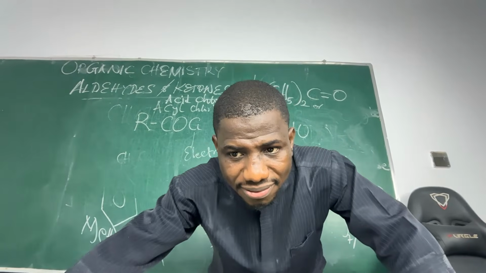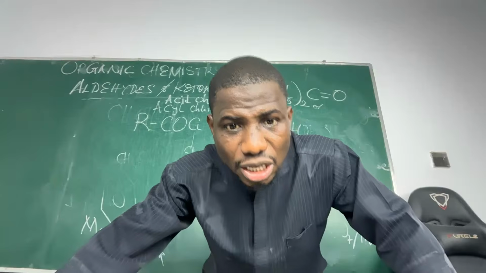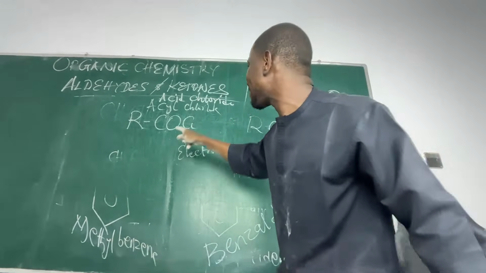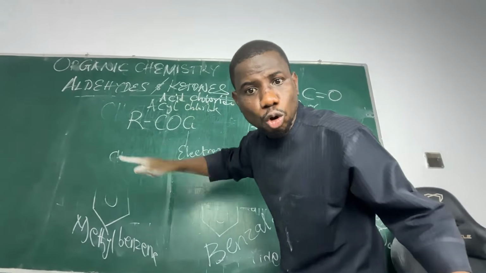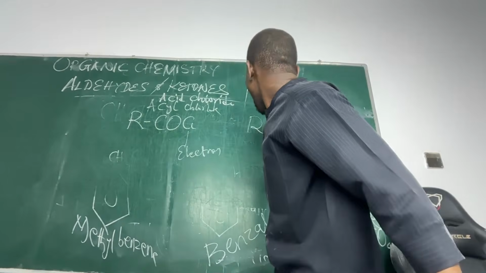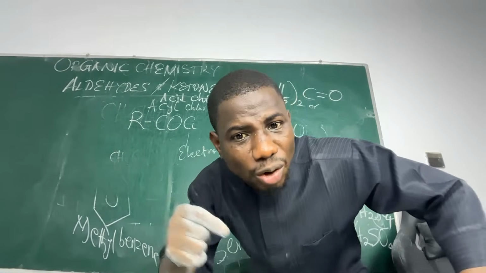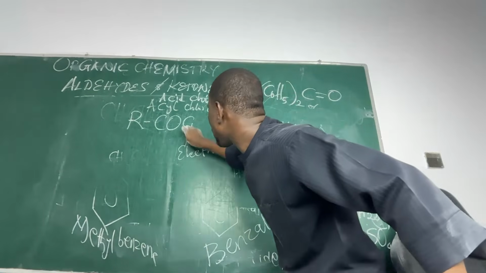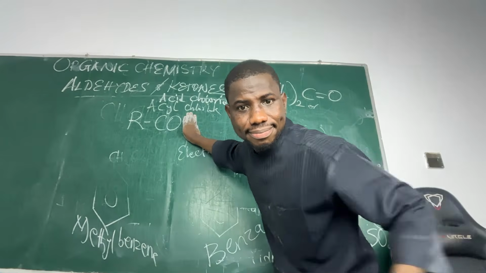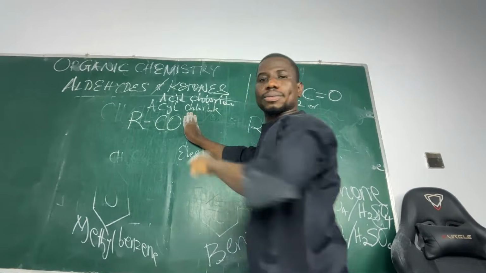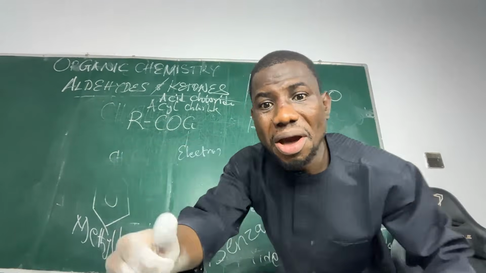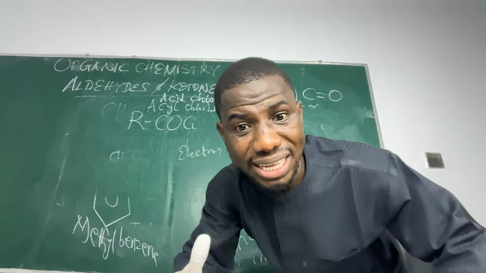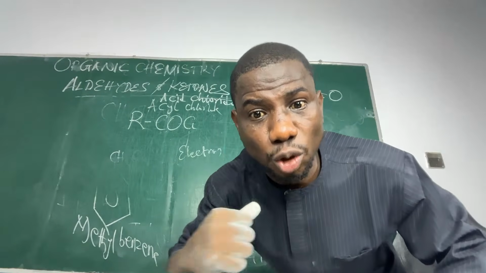Are you with me? So if we want to convert this acid chloride to ethanal, what we are going to do is simple. Remove chlorine, add hydrogen, it becomes CH3CHO. Removal of chlorine is removal of an electronegative element, and it's called reduction.